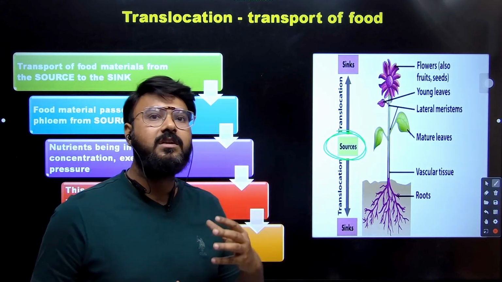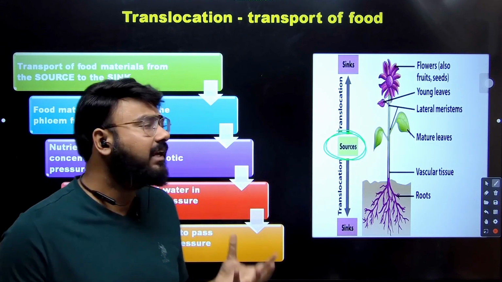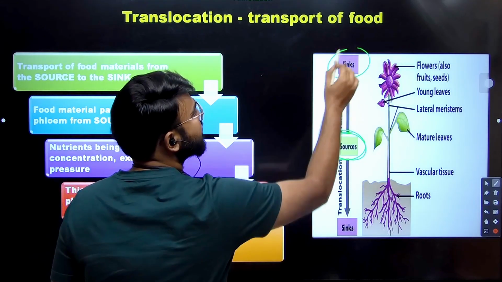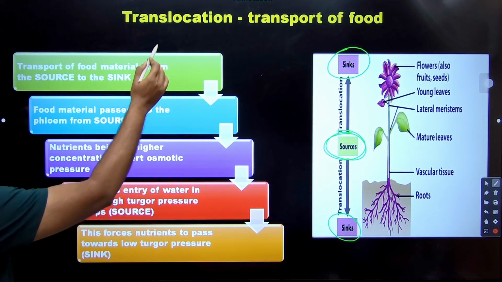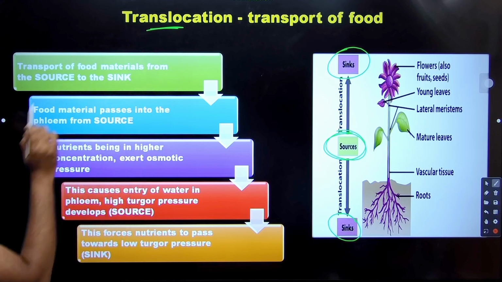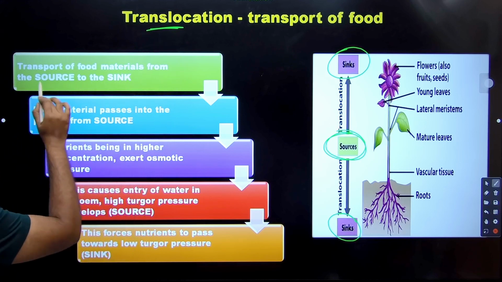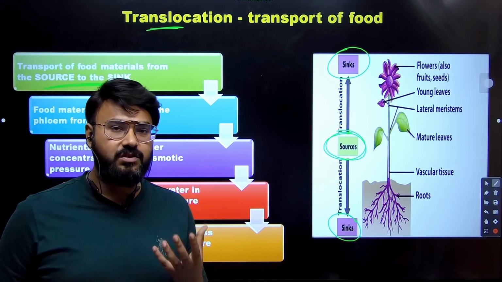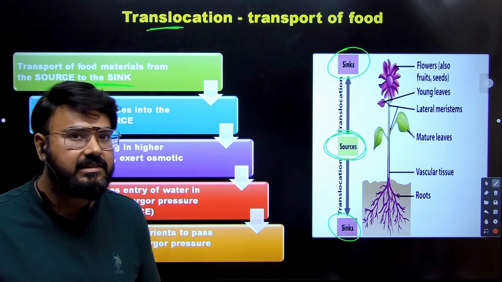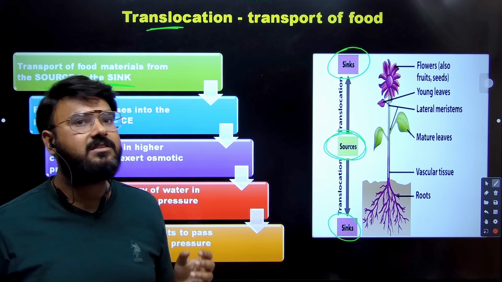The area where the food is utilized, we call the sink. So in simple words, translocation is the transport of food materials from the source to the sink. Source means the area of storage or synthesis. Sink is the area of utilization.